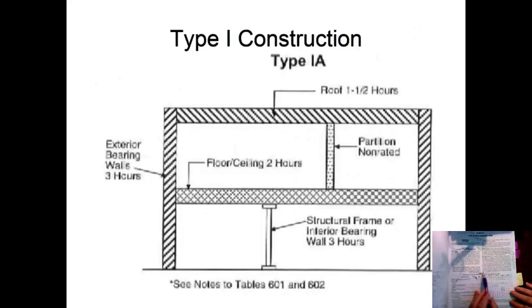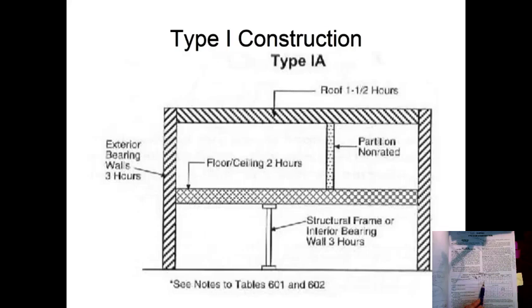So let's look at this particular table, because that puts things in perspective with the visual that you see in the PowerPoint. We have bearing walls, exterior, and you see what is A and B. A is non-protected and B is protected. These are structural elements that are protected.